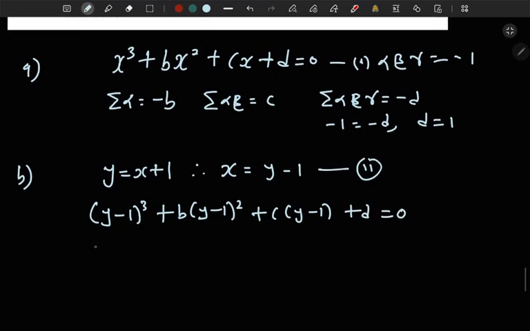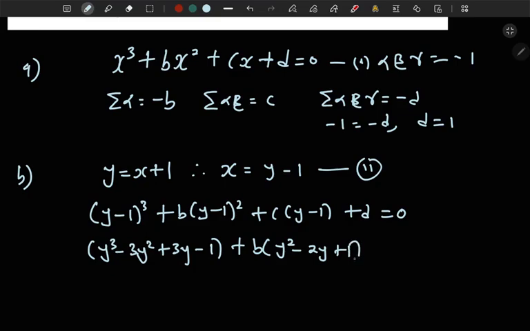By expansion, this becomes y cubed minus 3y squared plus 3y minus 1, plus b times the second bracket, y squared minus 2y plus 1, and the last one remains as c times y minus 1, then plus d equals 0. So we can expand everything there and write it in simplest form.